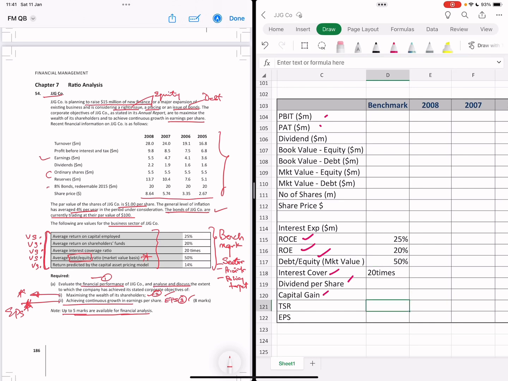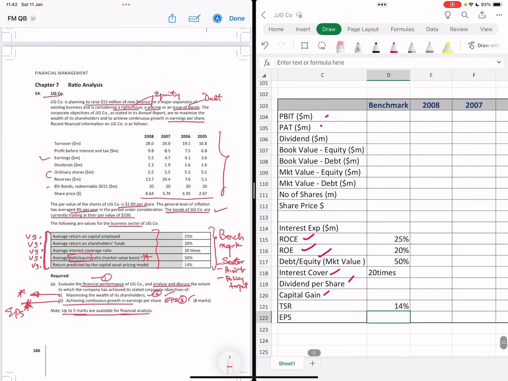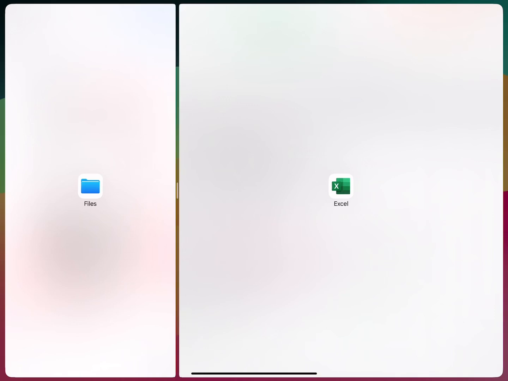Capital gain definitely, but TSR, we have 14%. Remember, the benchmark for total shareholder return will be the required return from the shareholders, and using the capital asset pricing model for the sector, that is 14%. So we have those benchmarks, and now we can start to populate our information.